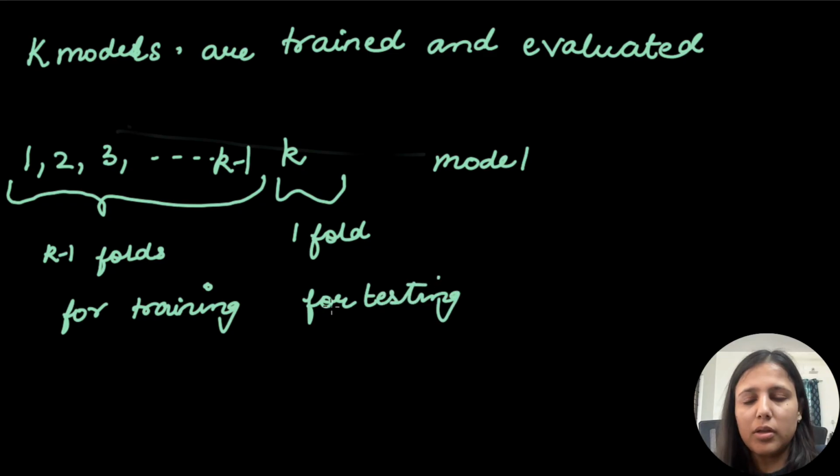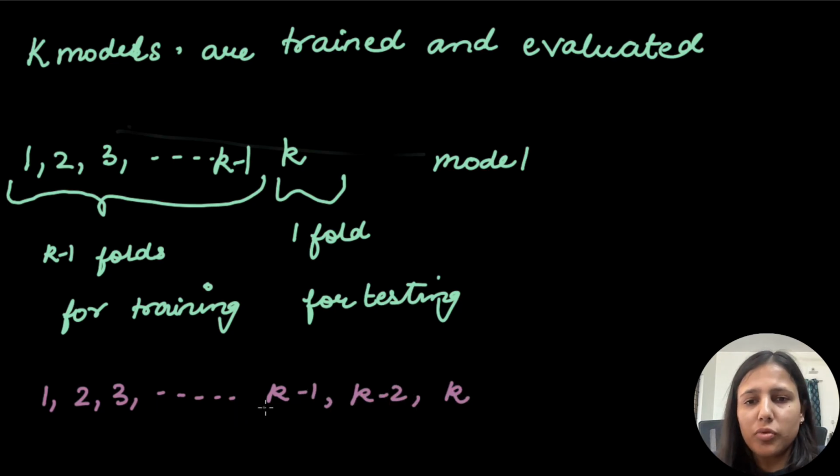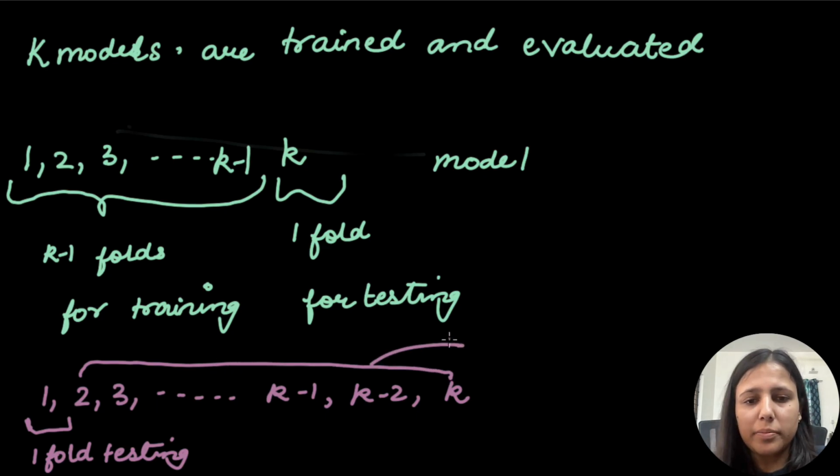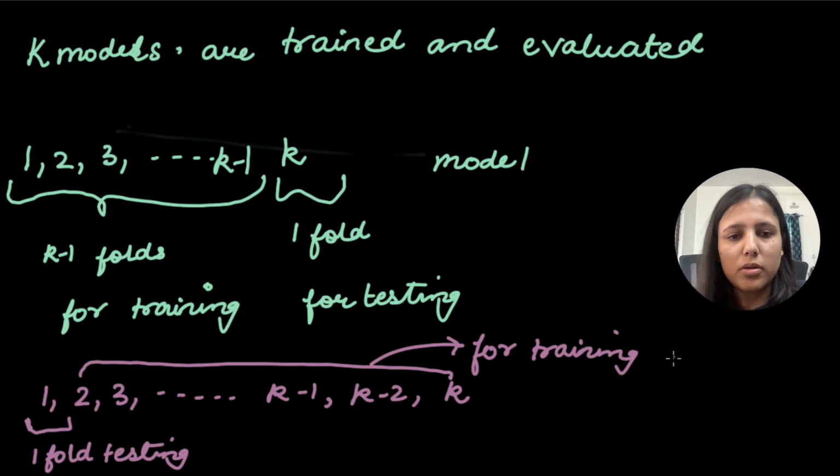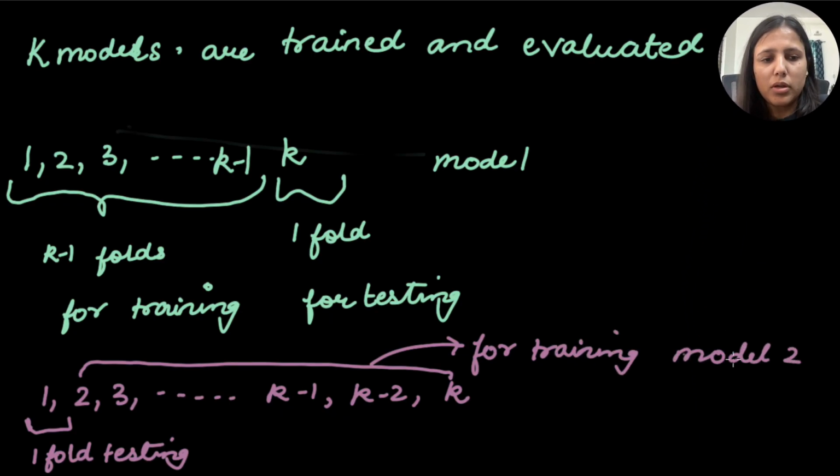Correct? For model 2, you have 1, 2, 3, up to K minus 2, K minus 1, K. For model 2, you will take one fold for testing, and you go like this in round robin fashion, and the rest you will use for training. This is model 2, and like that you will train K models.